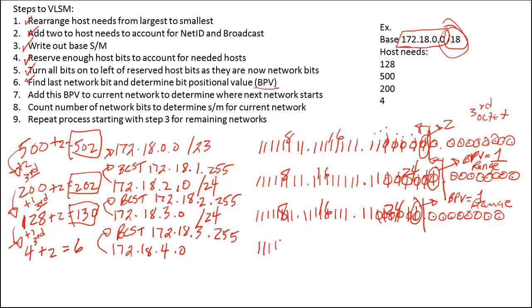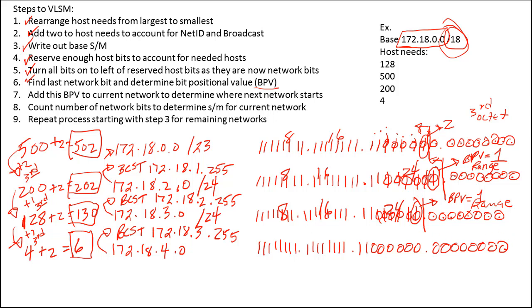1, 2, 3, 4, 5, 6, 7, 8, 9, 10, 11, 12, 13, 14, 15, 16, 17, 18, 19, 20, 21, 22, 23, 24, 25, 26, 27, 28, 29, 30, 31, 32. This time we're solving for 6.